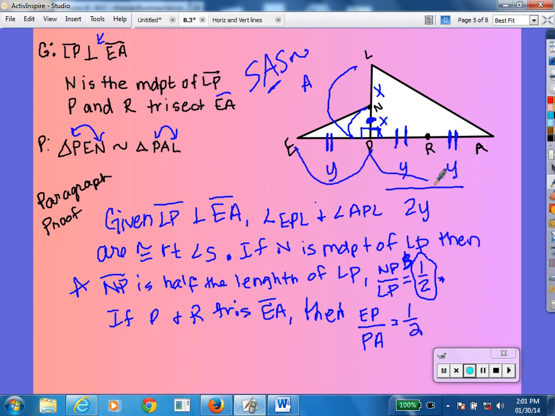EP to PA: there's 1 y here and 2 y's here, so that's a 1 to 2. So they have that ratio. So there's our other side ratio.